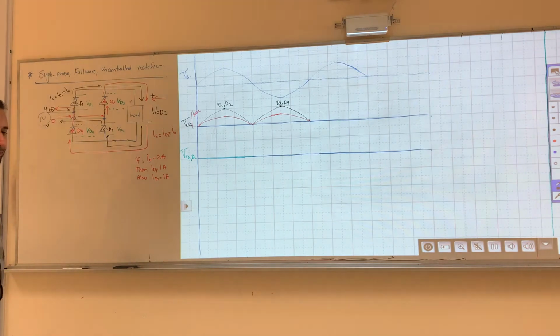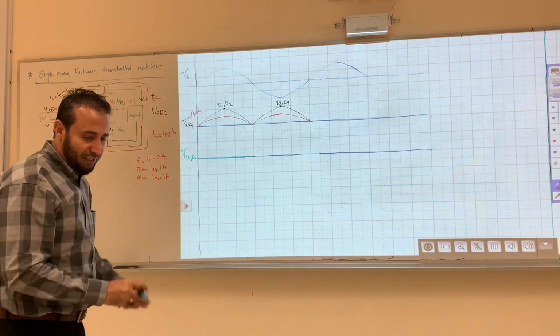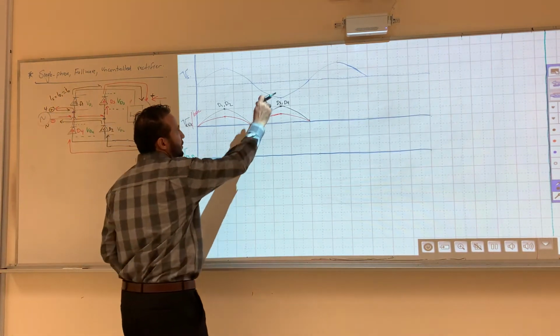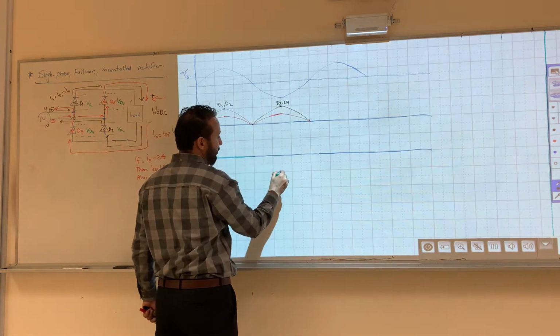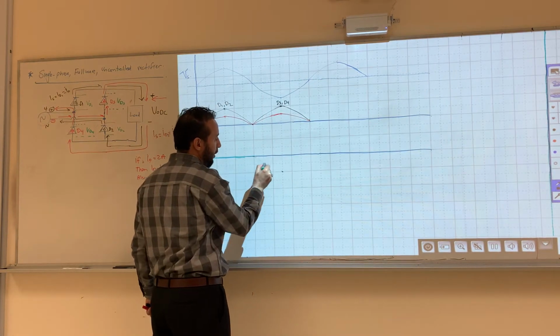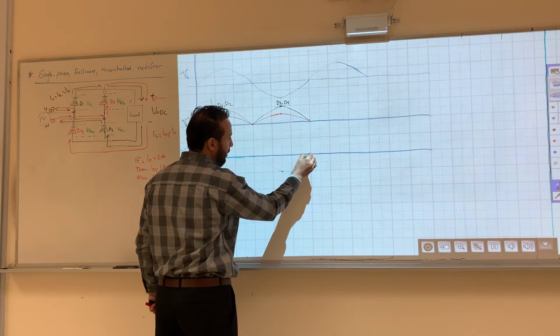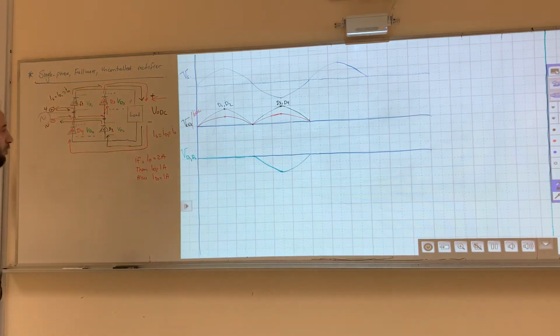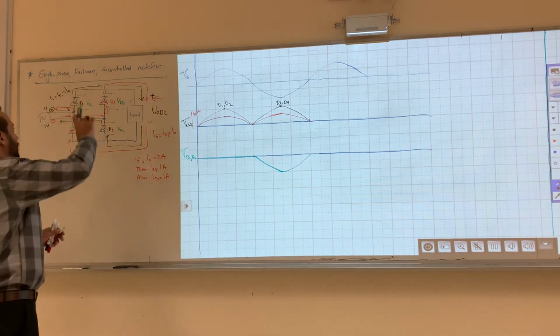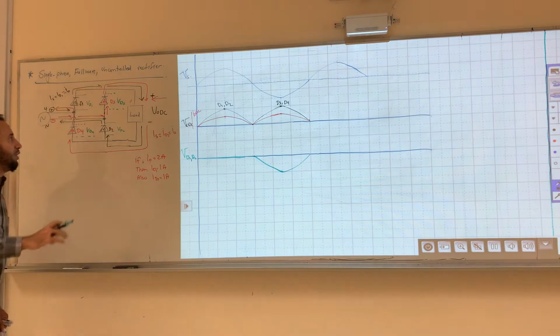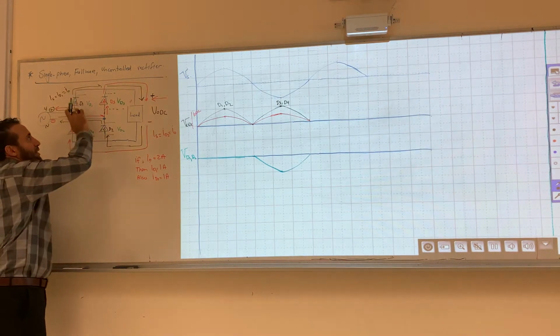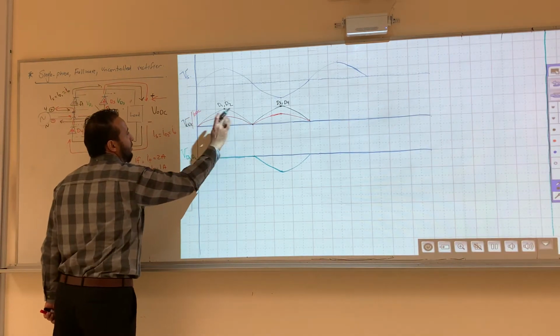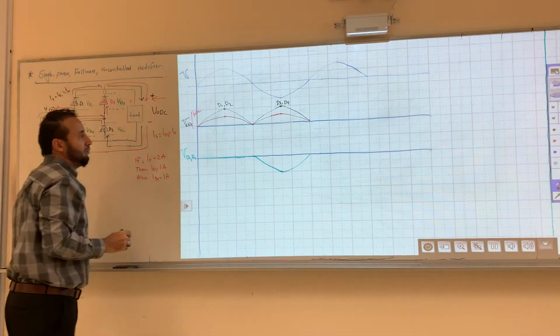Okay? And what's left? This is from the source. That's what's left. So we go from the peak. That's V diode 1, V diode 2, the voltage across this and this. When it conducts, which is here, it conducts at 0.